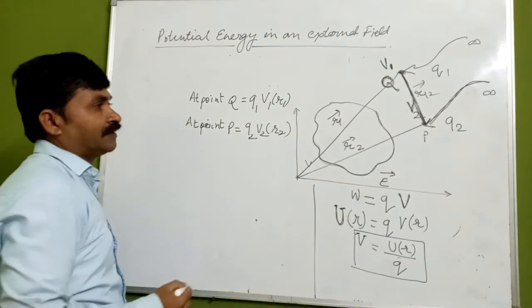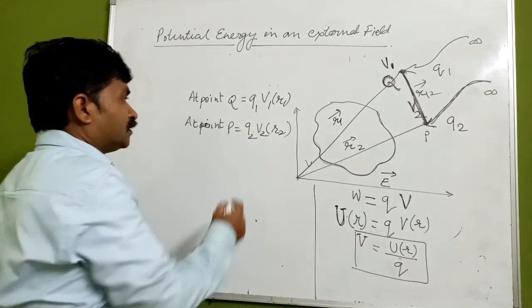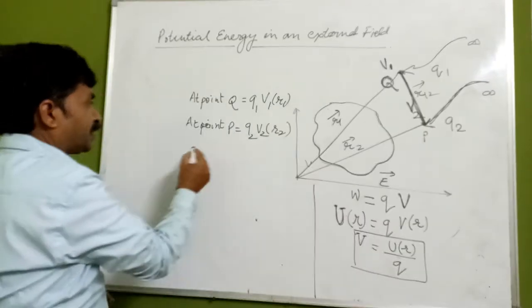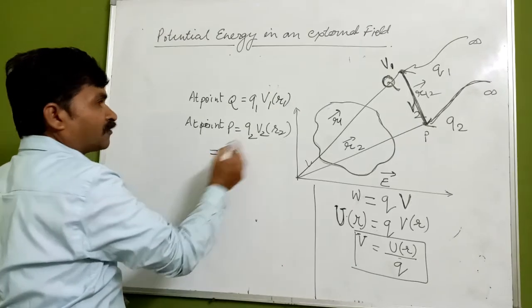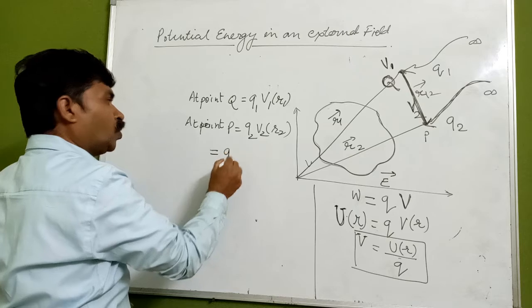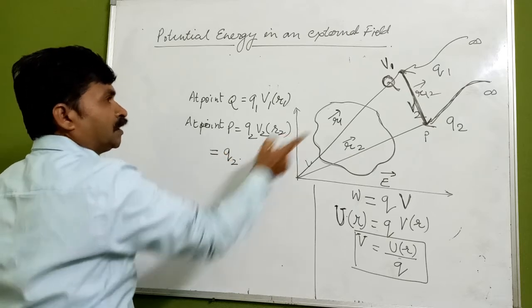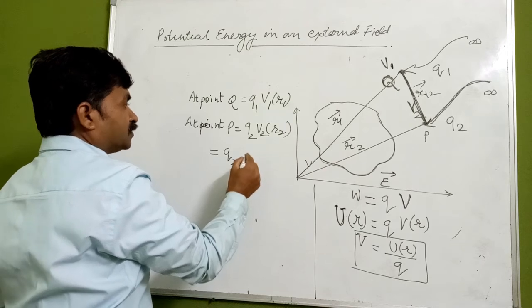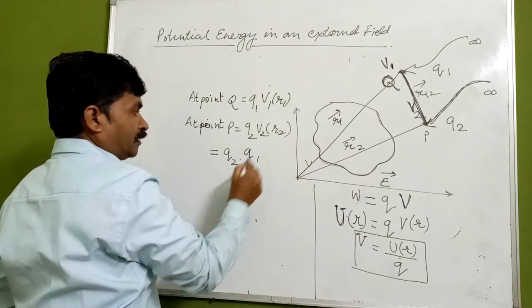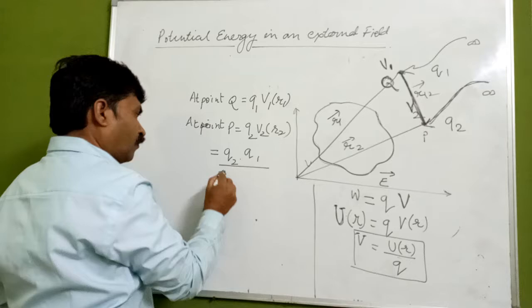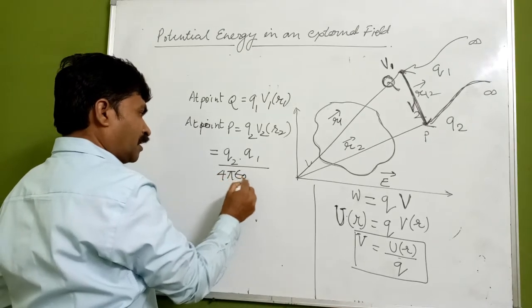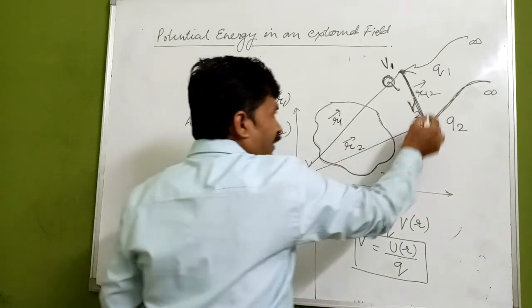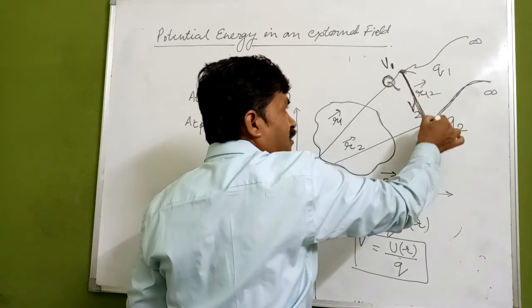So that will be given in terms of work done, and that work done will be Q2 and the electric potential here, that we can have, Q1 upon 4 pi epsilon naught R12. Here what are we getting? We are getting electric potential because of this.